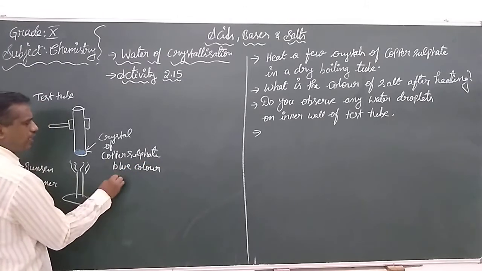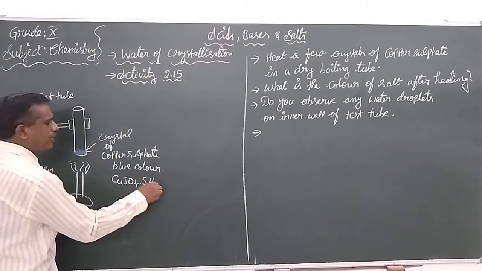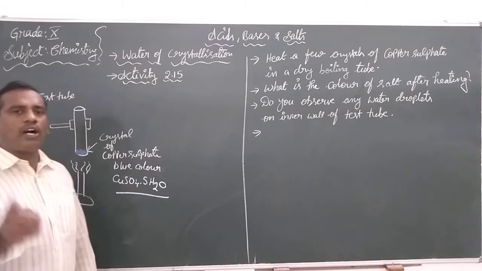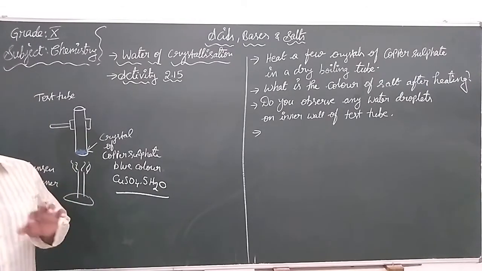salt, CuSO4.5H2O. For one molecule of copper sulfate, there will be 5 molecules of water attached to it.